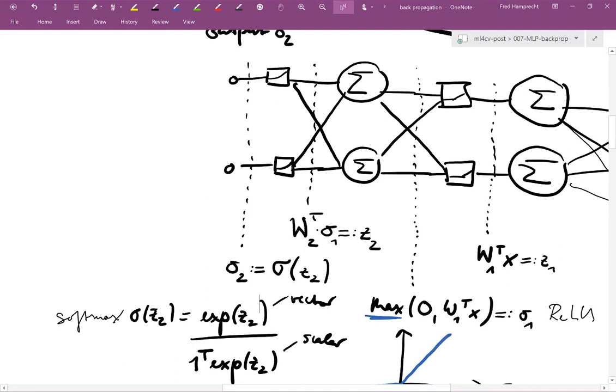And the softmax is defined here. So when z is a vector, I can exponentiate it element-wise and normalize the whole thing. And like the name says, it's a softmax. It's a soft approximation to the argmax operator.